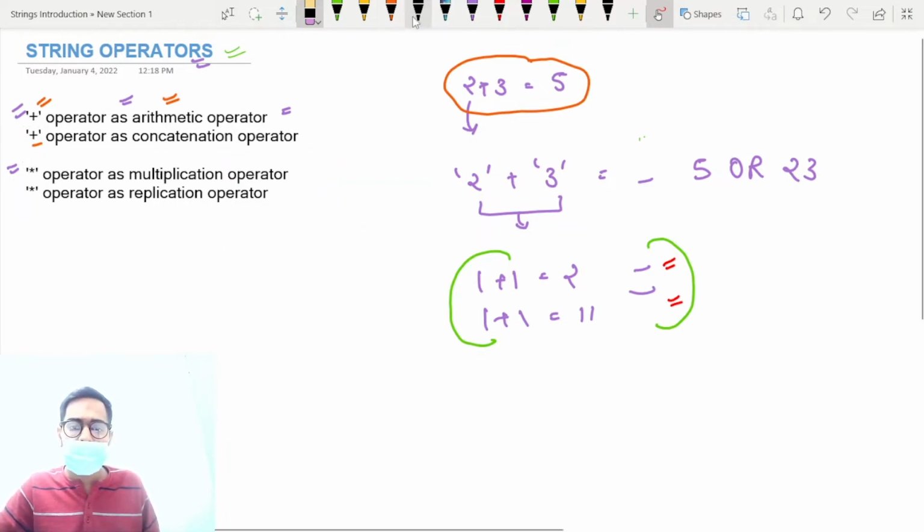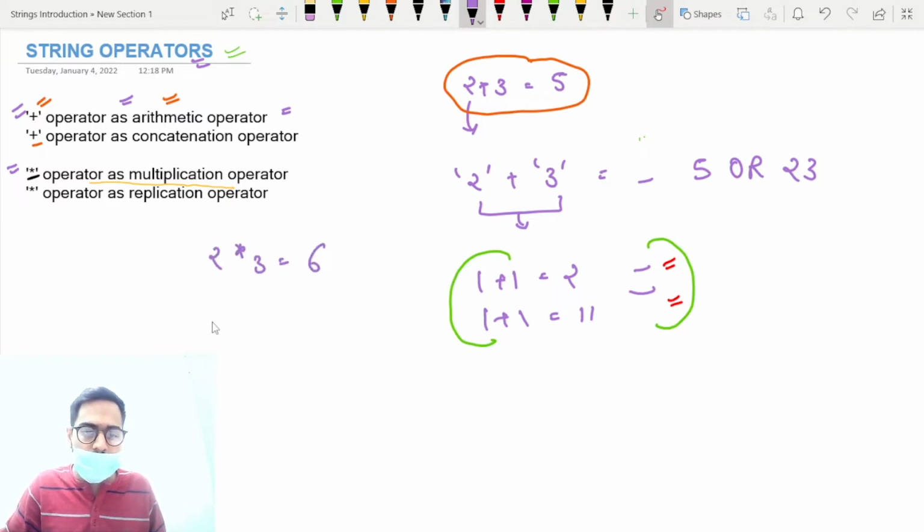Now let's look at the multiplication operator. It acts as a multiplication operator when you perform 2 into 3, which gives 6, or 5 into 9, which gives 45.